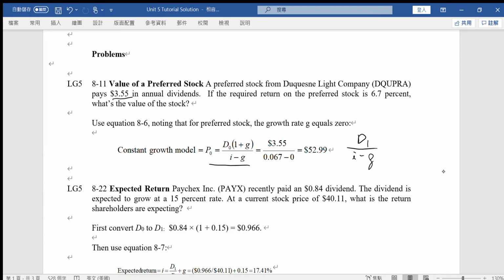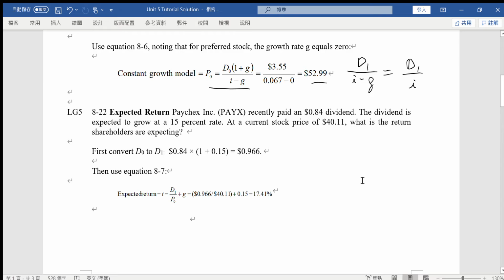But because G, the growth rate, is equal to 0, what is left behind is D1 over I. That formula is quite simple, so we can substitute the 3.55 dividend over the discount rate, 6.7%, and then the preference share should be worth around 52.99. Okay.